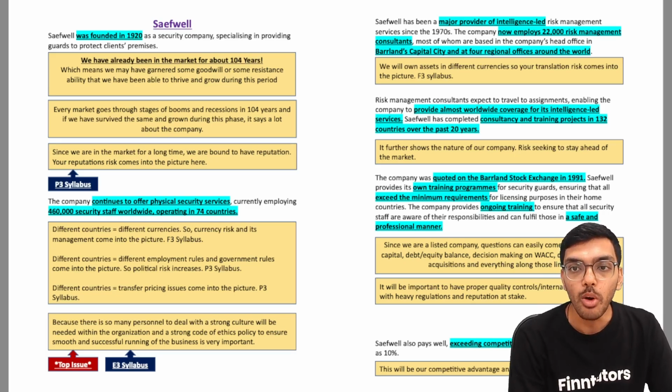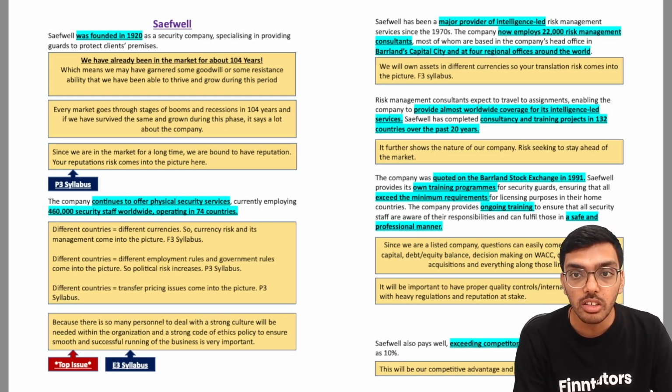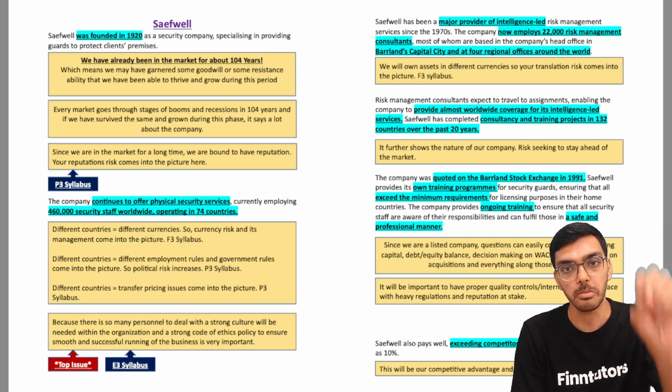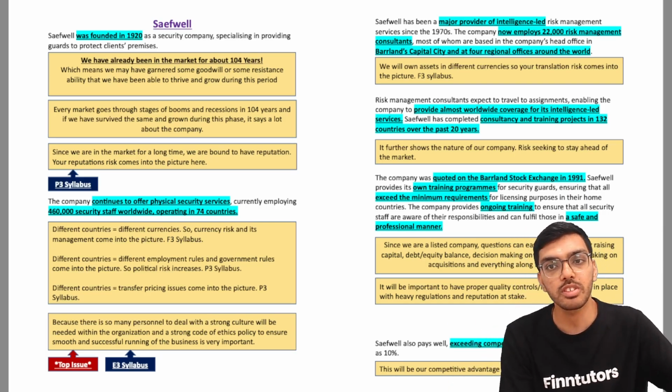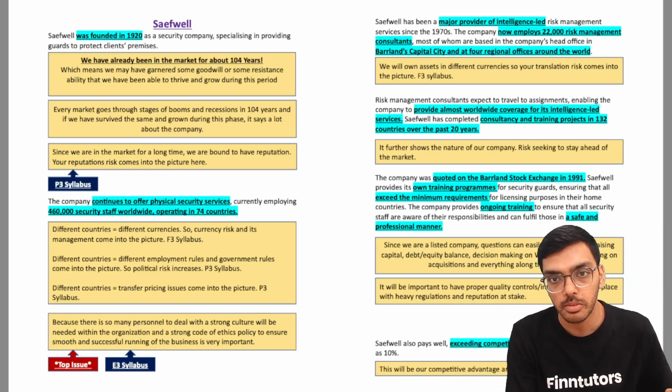So the company now employs 22,000 risk management consultants, most of whom are based in the company's head office in Barland's capital city and at 4 regional offices around the world. So your main office is in Barland's capital city, and then you have 4 other regional offices around the world.